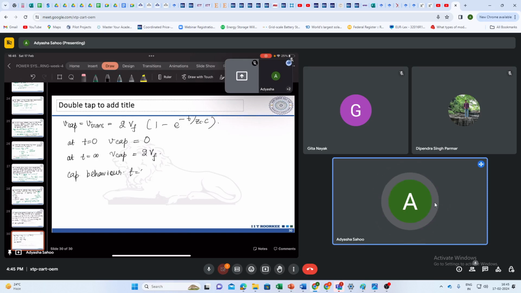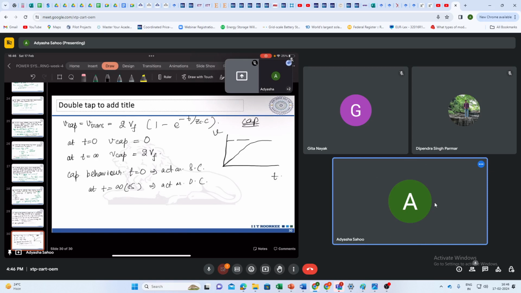So at t equal to 0, it will act as short circuit instantaneously, and gradually when it is charged at t equal to infinity or at steady state, it will act as open circuit. So similarly, if I draw the voltage versus time for the capacitor, initially it is 0 and gradually it will charge to 2 VF.